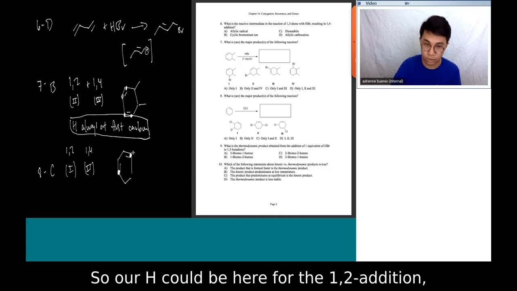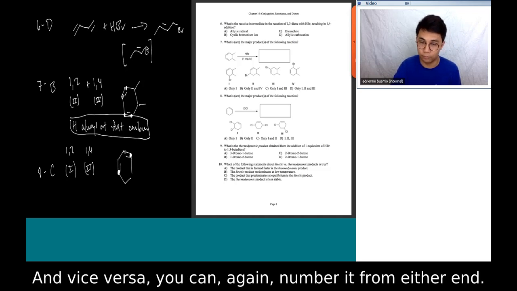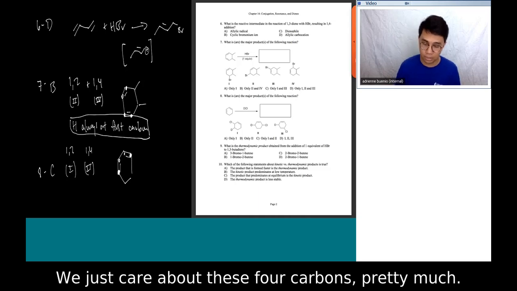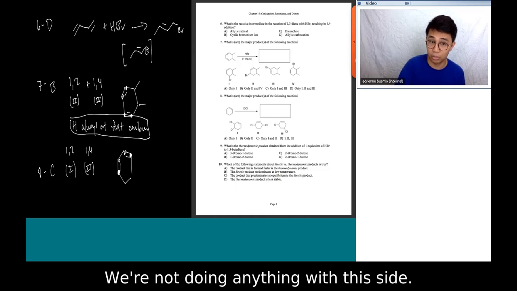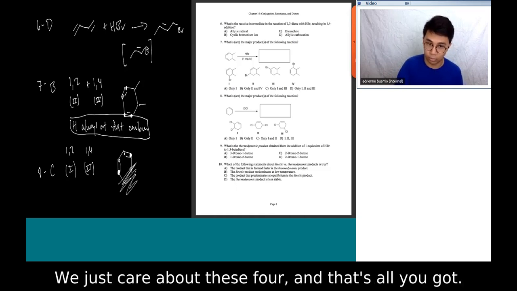So our H could be here, or the 1,2 addition, and our Br could be here, right? And vice versa. You can, again, number it from either end, right? So that's the best thing about 1,2 and 1,4, as long as we just care about these four carbons. We're not doing anything with this side, right? We don't care about this side. We just care about these four, and that's all you got.